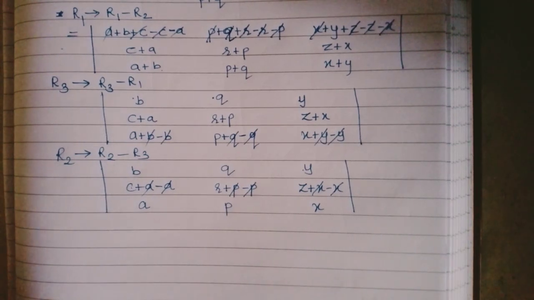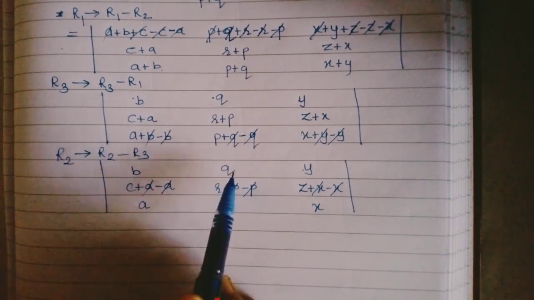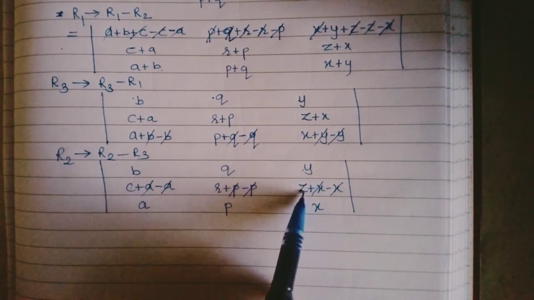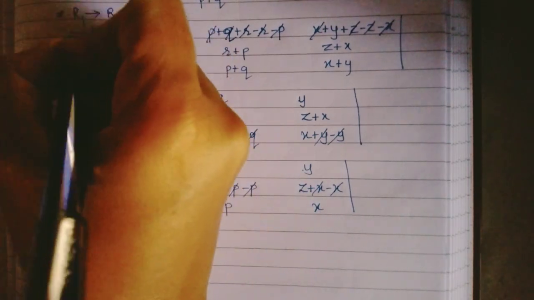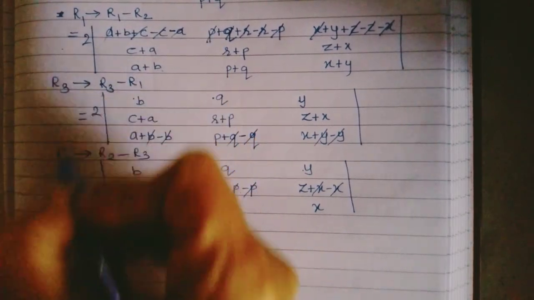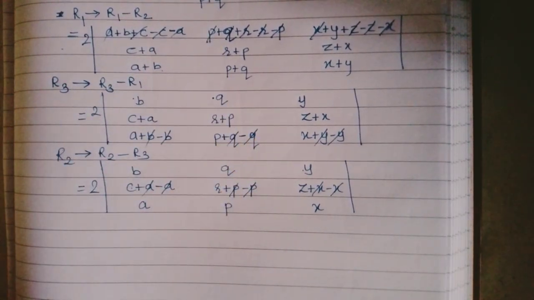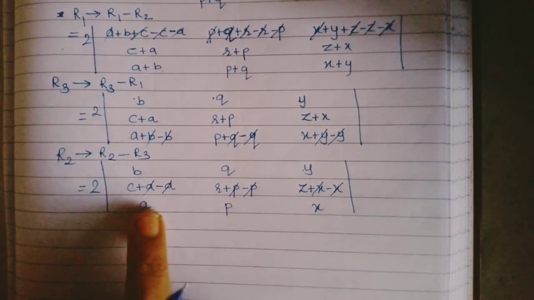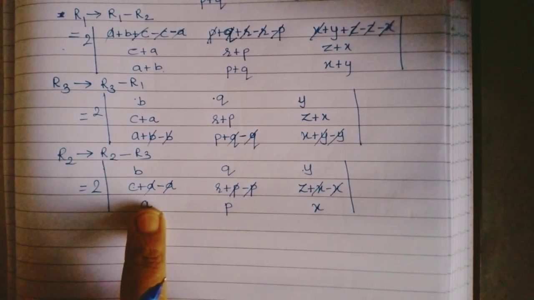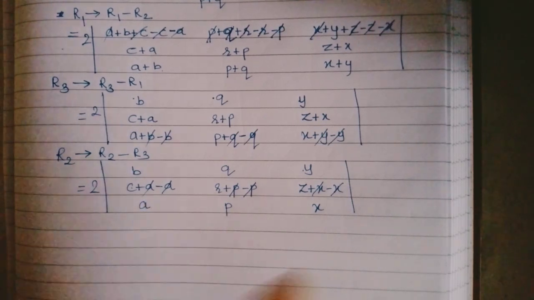So now we have all the elements B, C, A, Q, R, P and Y, Z, X. So 2 times is there everywhere. Okay. So we want A should be here and C should be here, right? So we have to interchange the rows.